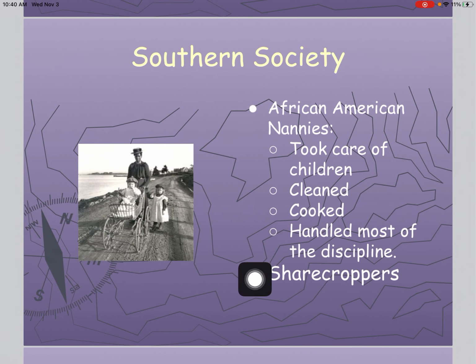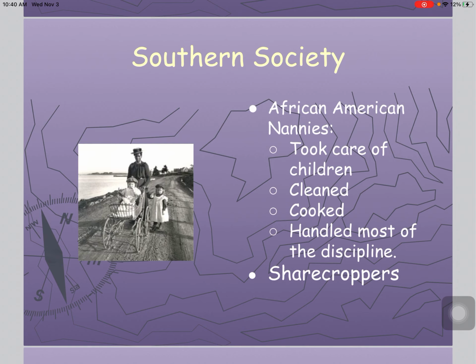Another thing to note is sharecroppers. So you guys are going to read an article about this as we get a little further along. But sharecropping is basically a type of farming where, when slavery ended, the government wanted to create a way for formerly enslaved people to get on their feet, to get a job.